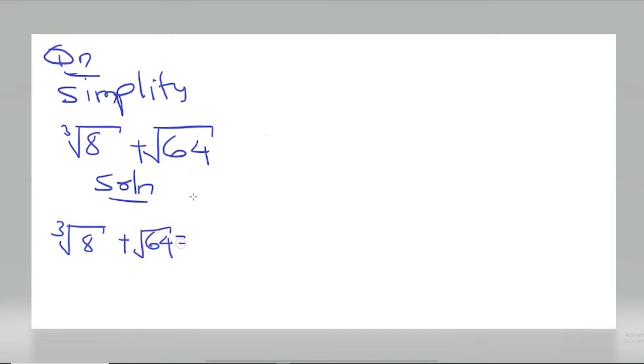The third root of 8 plus the square root of 64 is equal to 8 power 1 over 3, plus 64 power 1 over 2. Of course, I've already explained everything in the previous sessions. If you have not understood what I've done, please refer to my previous sessions.